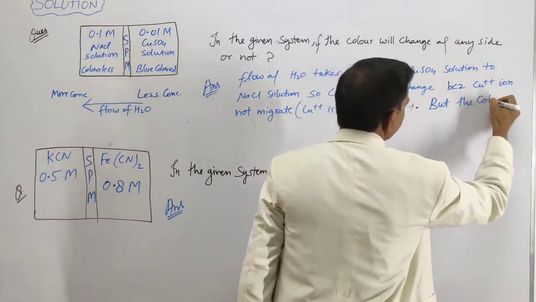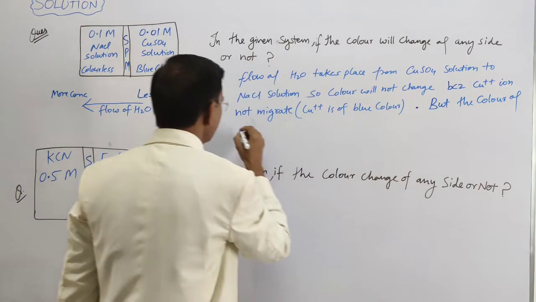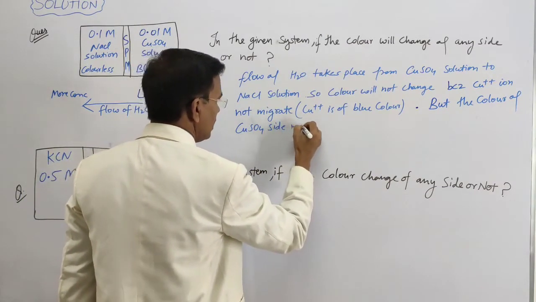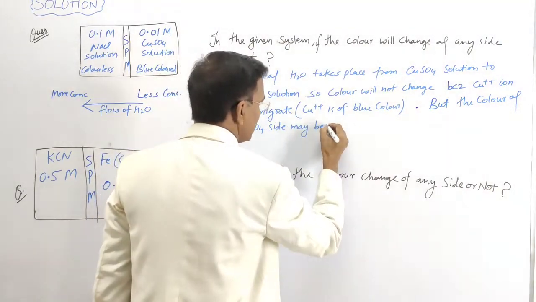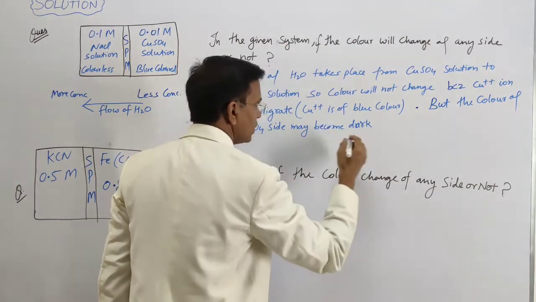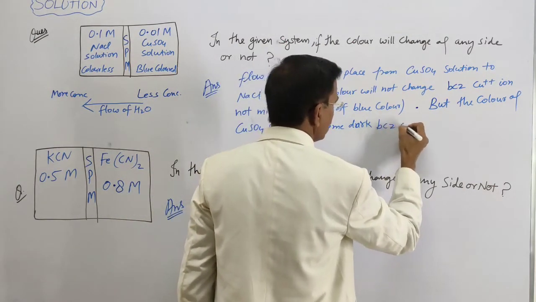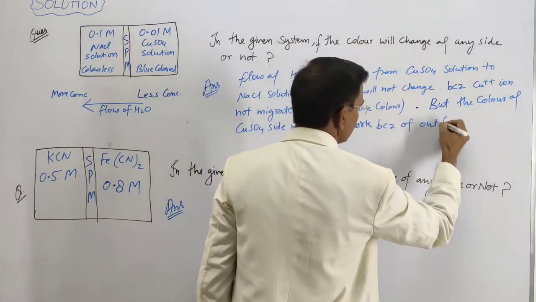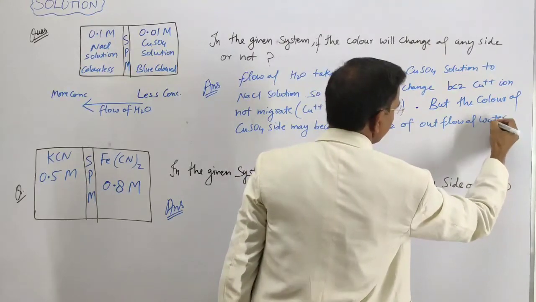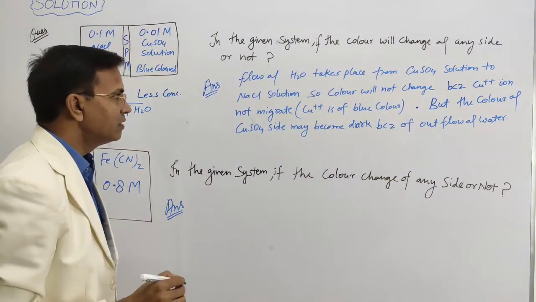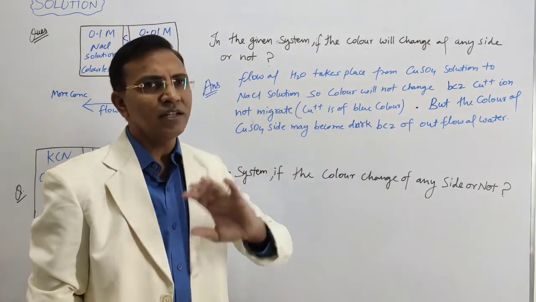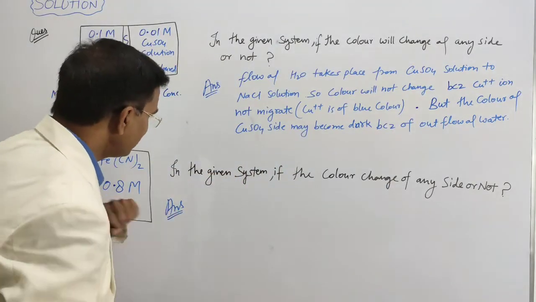The color of the CuSO4 side may become dark because of outflow of water. Right? Clear? If there is more outflow of water, then it will become dark. Otherwise, no change in color.